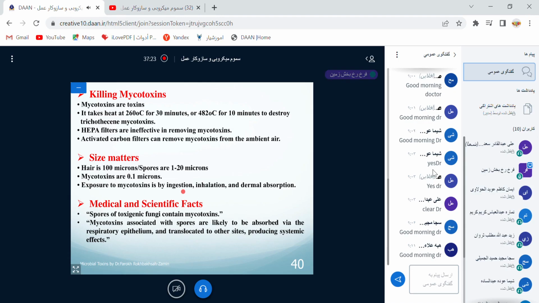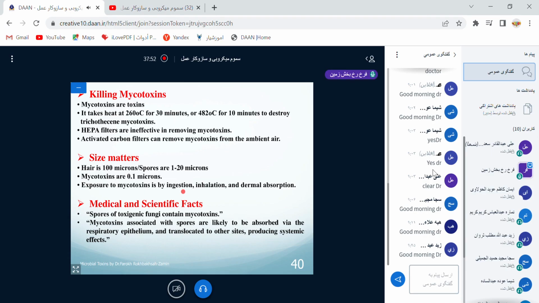Inhalation: most fungi which produce mycotoxins, their spores also contain mycotoxins, and their spores are floating in the air.